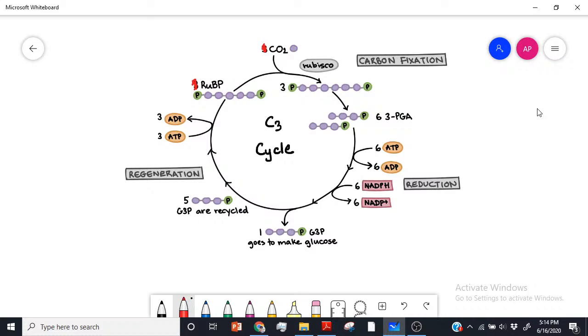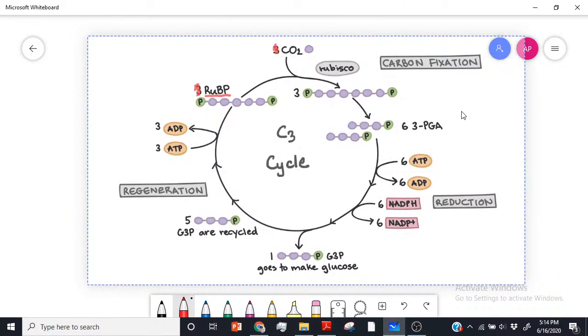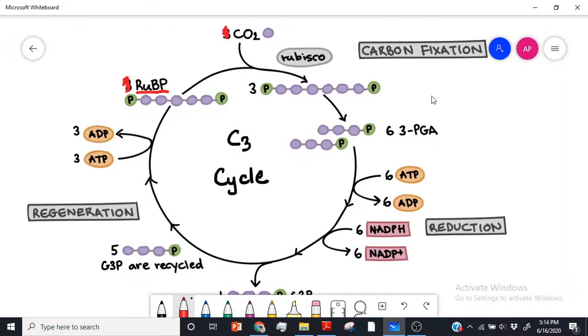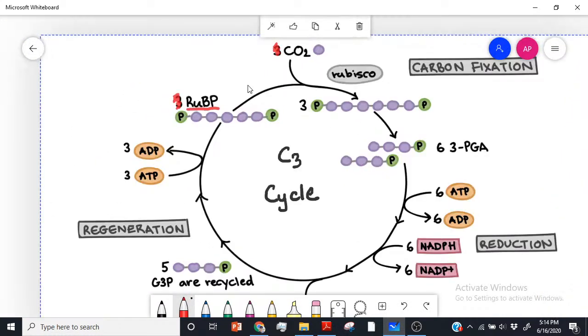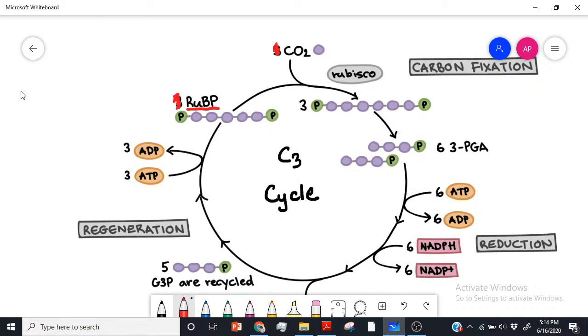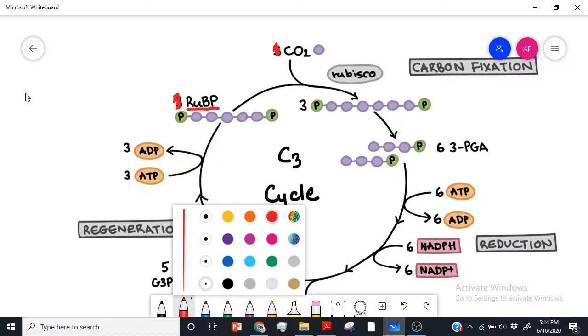All right. So now basically what's happening is that in the stroma of the chloroplast we have a molecule known as RuBP, right? Let's zoom in a bit more. The full form of RuBP is ribulose bisphosphate.